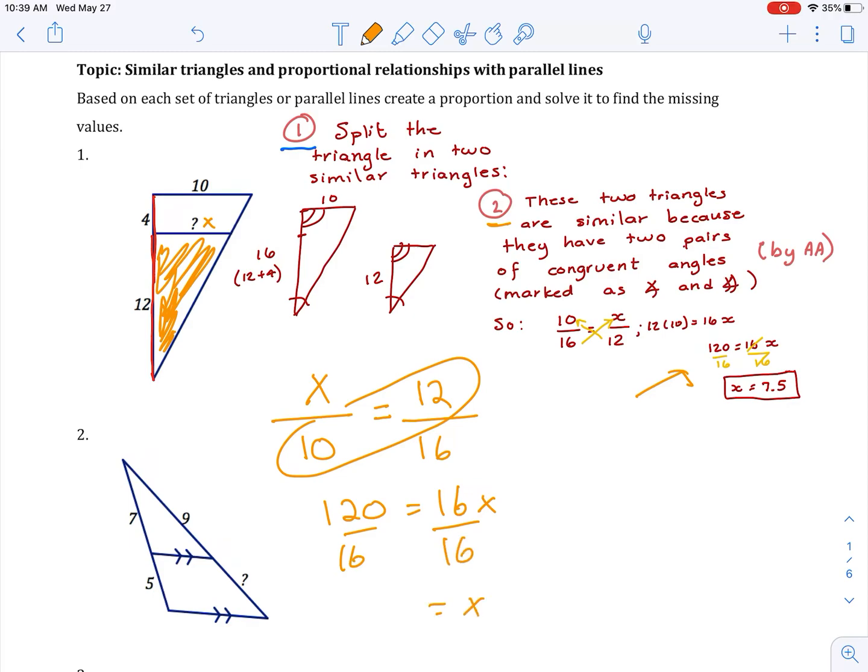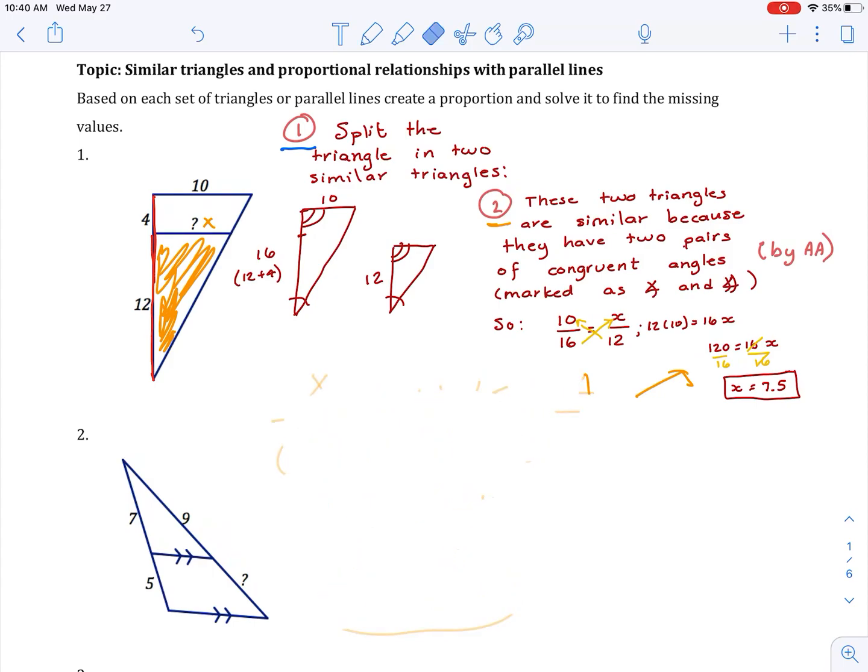It's still 120 divided by 16, which is 7.5. So if this way over here made sense, that's great. I personally like this way, because when I do it this way, you can see I have corresponding parts from the small triangle on the top over the corresponding parts of the big triangle on the bottom.